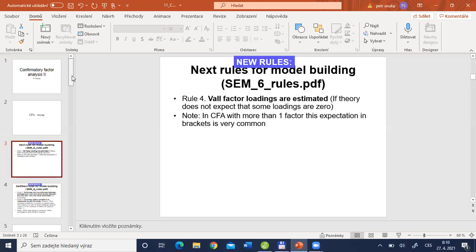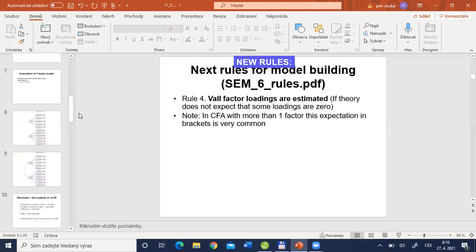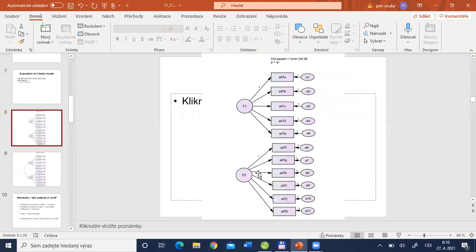I can skip to the example of a 2-factor model, which is on slide 8, and you can see that, for example, here it is expected that factor 1 is related only to the first 5 items, and factor 2 is related only to the next 6 items.